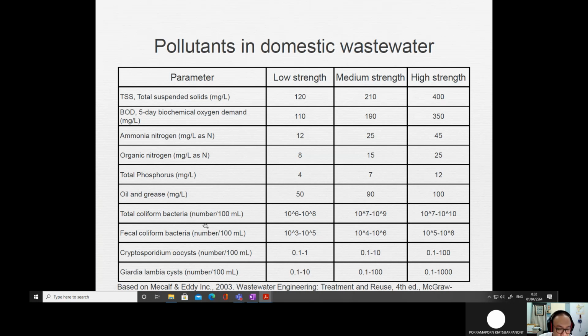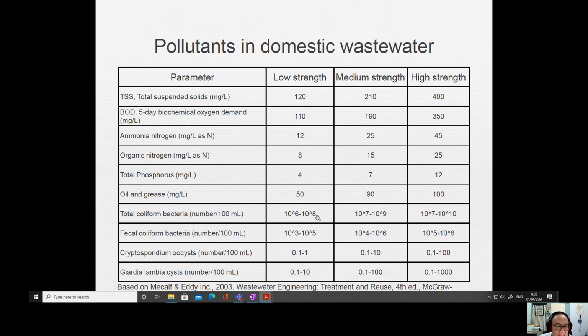Normally we report it in terms of the numbers per 100 ml. It gives a sense, like if you are taking 100 ml of wastewater, you will typically find the coliform bacteria approximately 10 to the power of 6 to 10 to the power of 8 for the low strength wastewater.